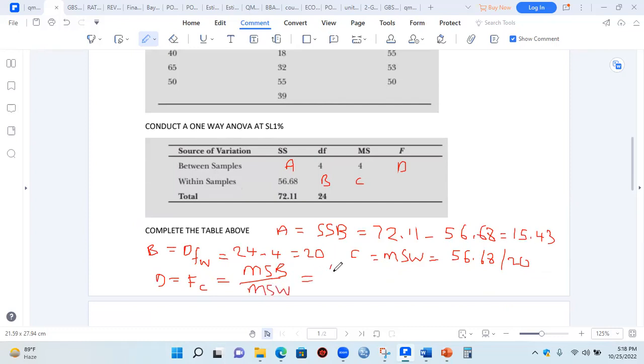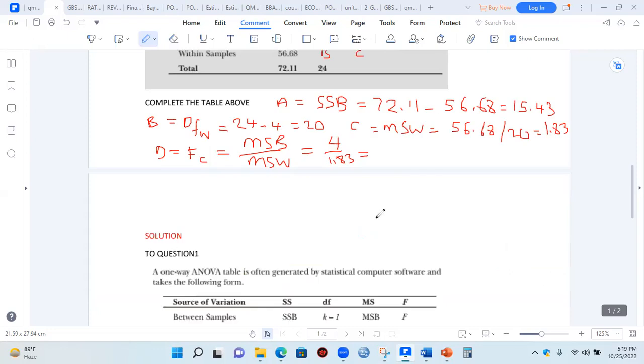So the 4 we divide by the answer we got here. What was 56.68 divided by 20? 2.83. So we divide by that, and you get your answers.